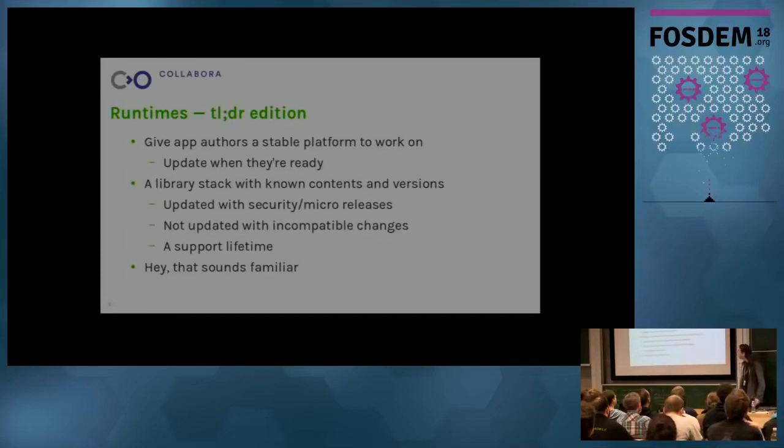So a runtime is like the API compatibility levels you have in Android, where you can say this app is going to run on Debian 9, and the infrastructure gives you an appropriate runtime to run your app on. So the app author gets to choose when they update. They can update at their own pace once they've done whatever QA they feel is appropriate.